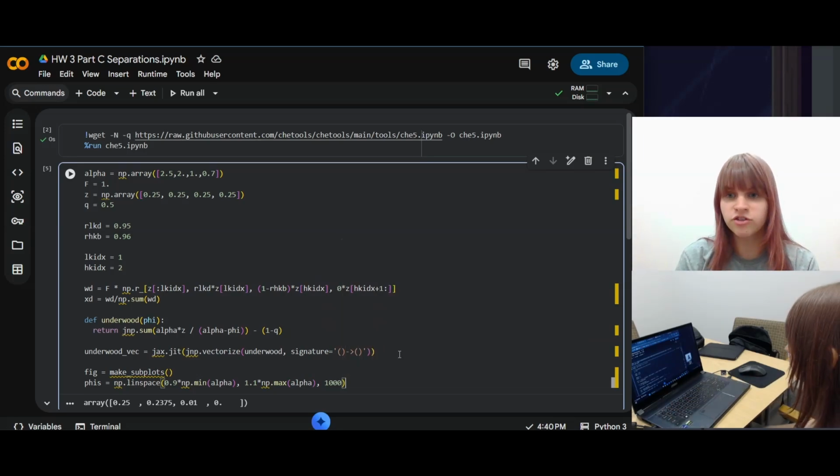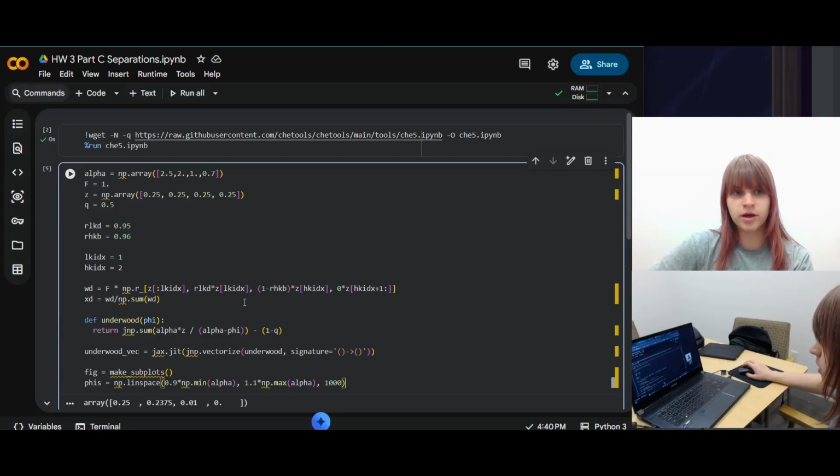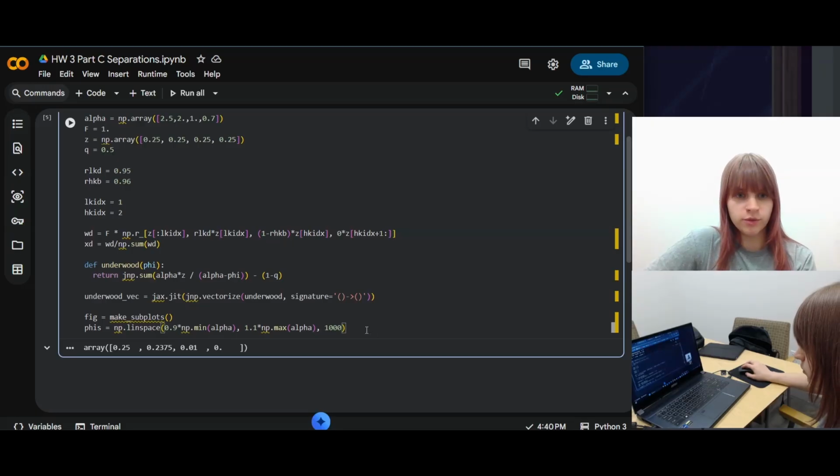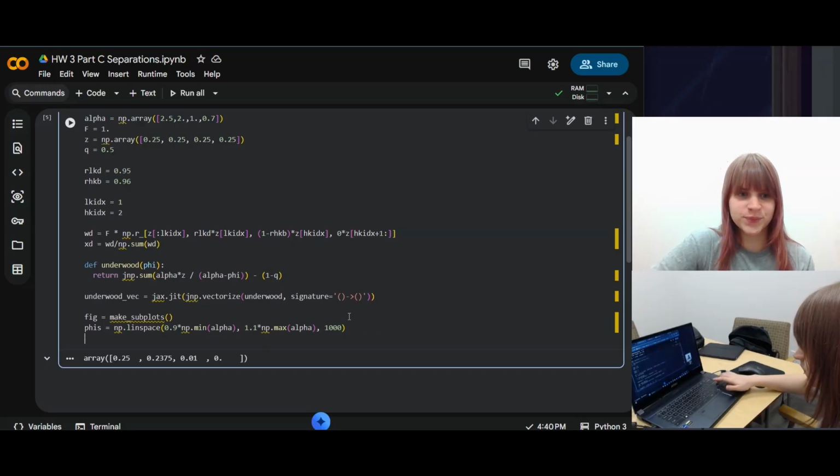And we are arranging that just below our minimum alpha and just above our maximum alpha, so that we don't miss any points there.